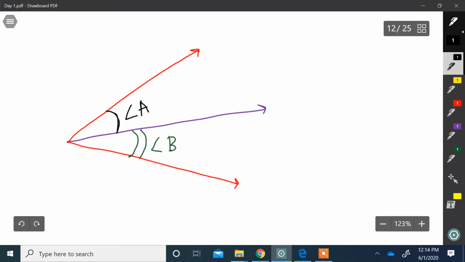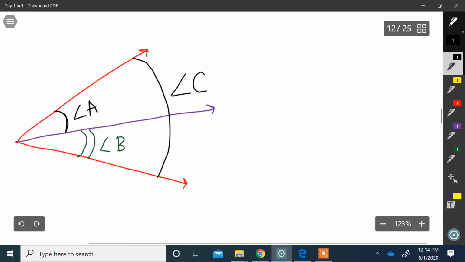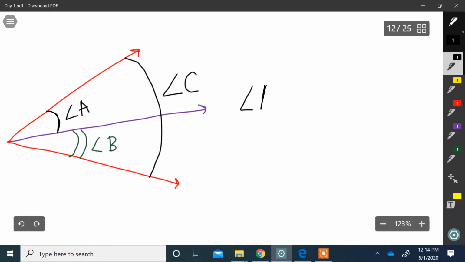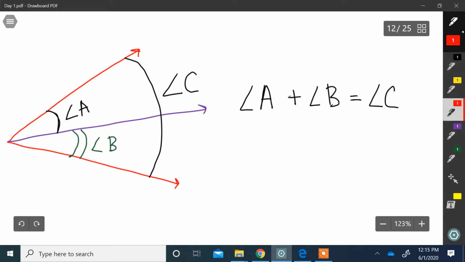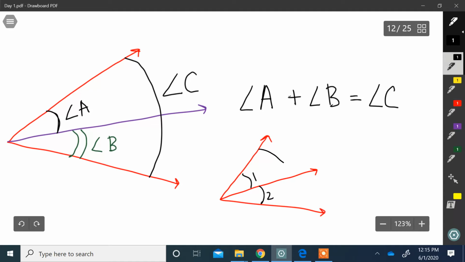Now, the whole angle from here to there, I'm going to call that angle C. So what the angle addition postulate says, and this is something that makes sense logically, is that angle A plus angle B has to equal angle C. Some books write it like this as well: you have angle 1 and angle 2 and then angle 3, then angle 1 plus angle 2 is equal to angle 3.